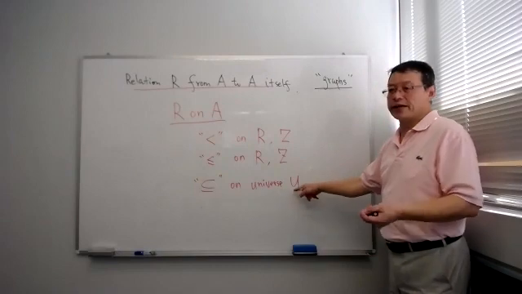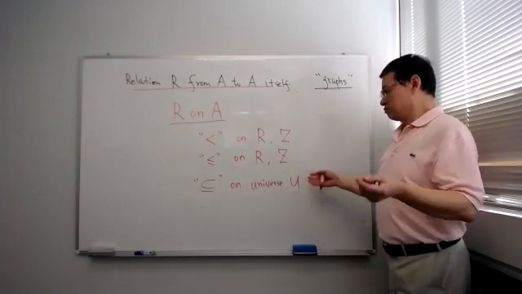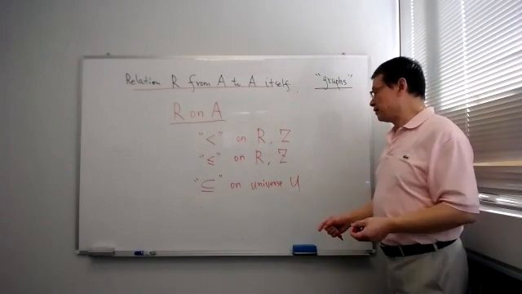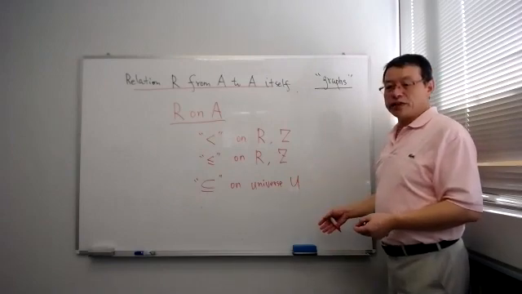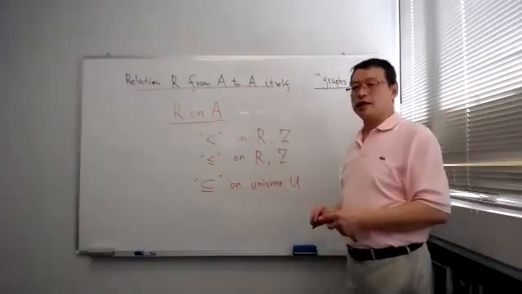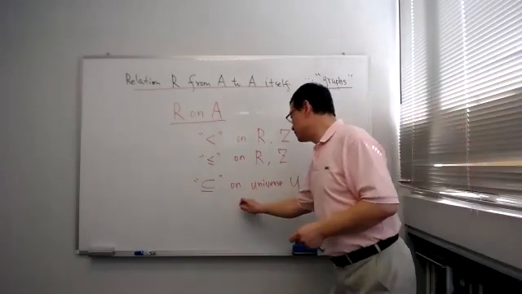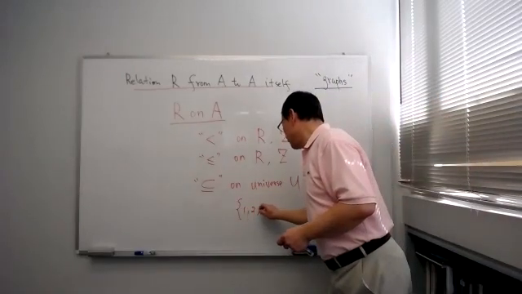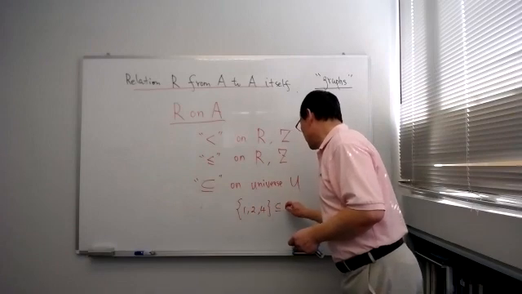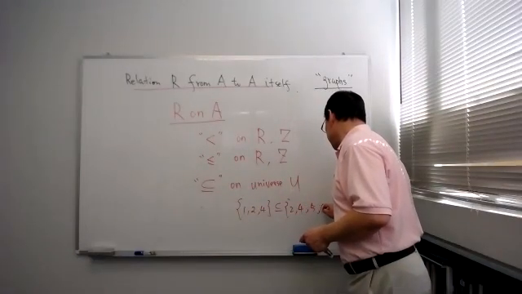For example, we can have real numbers or integers, whatever. So subset of integers, subset of real numbers, we can have this relation. For example, {1, 2, 4} is a subset of {2, 4, 5, 6}.